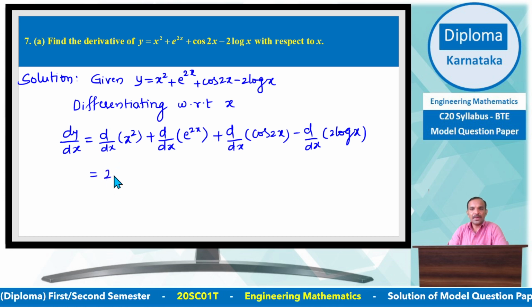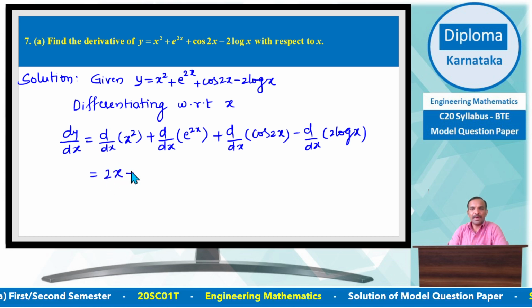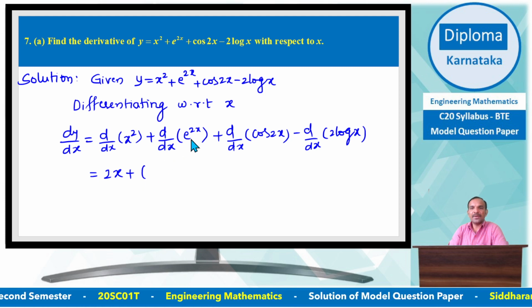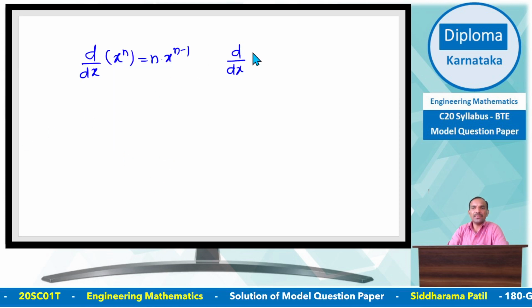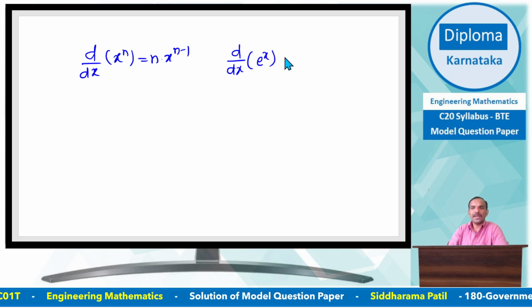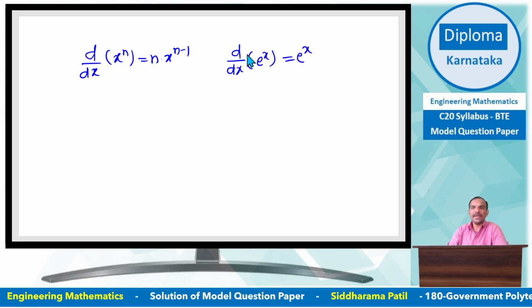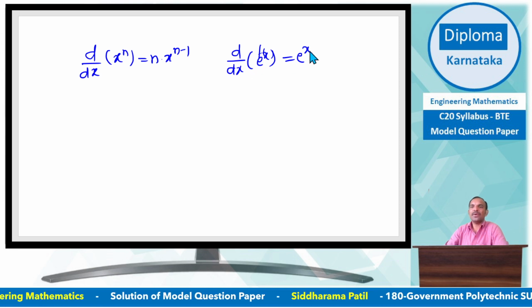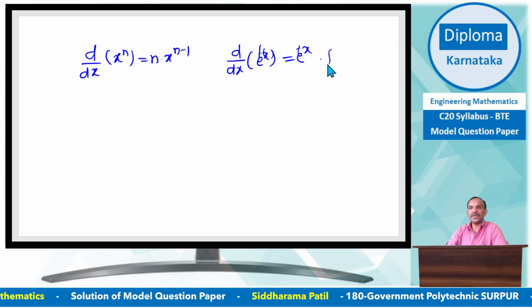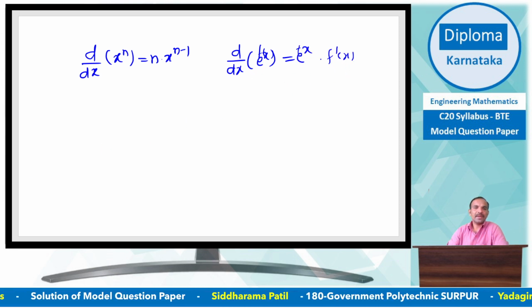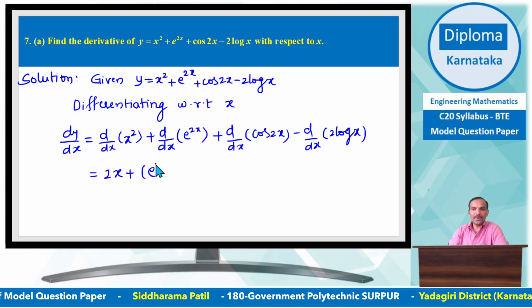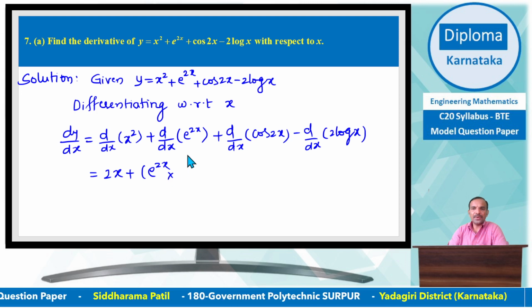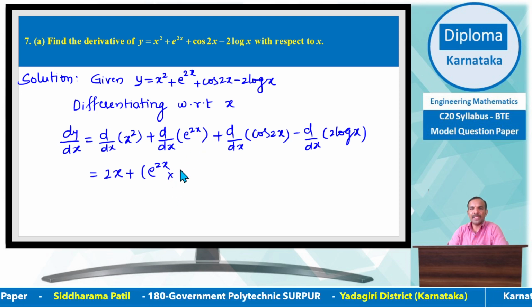Differentiation is 2x, plus the second term, e to the power 2x. For this we use the formula: the derivative of e to the power x is e to the power x only. If it is f of x, by chain rule it is e to the power f of x into f dash of x. So the derivative of e to the power 2x is e to the power 2x into the derivative of 2x by chain rule, that is 2.